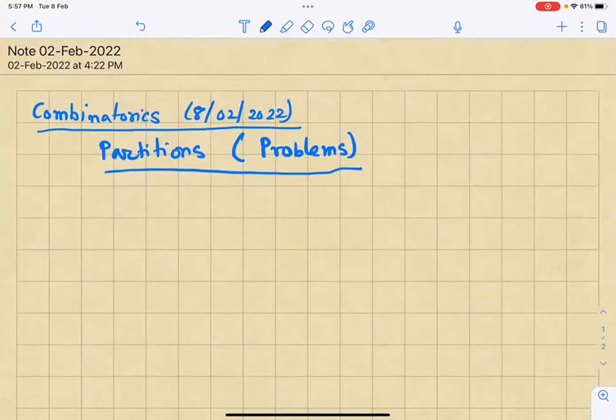Okay, so after this nice introduction to set theory, let's get back to some more combinatorics. Today we'll start with one of the most important topics in combinatorics, called partitions. These kinds of problems are all around in combinatorics.